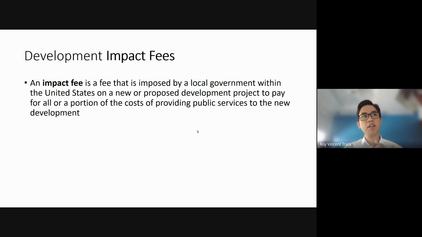For example, if a developer wants to create a subdivision, the local government, usually requested by the public, steps in to request that the developer pay a certain amount to help fund the public infrastructure that connects the new project, or subdivision, to the existing urban fabric.